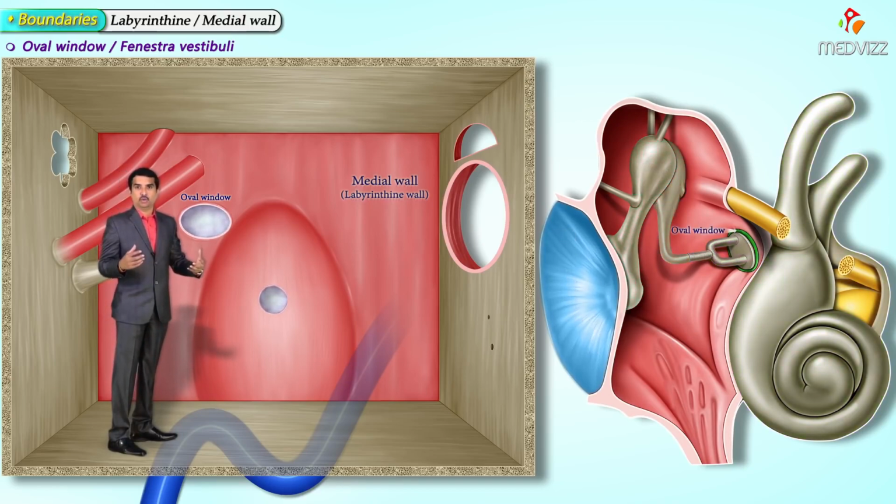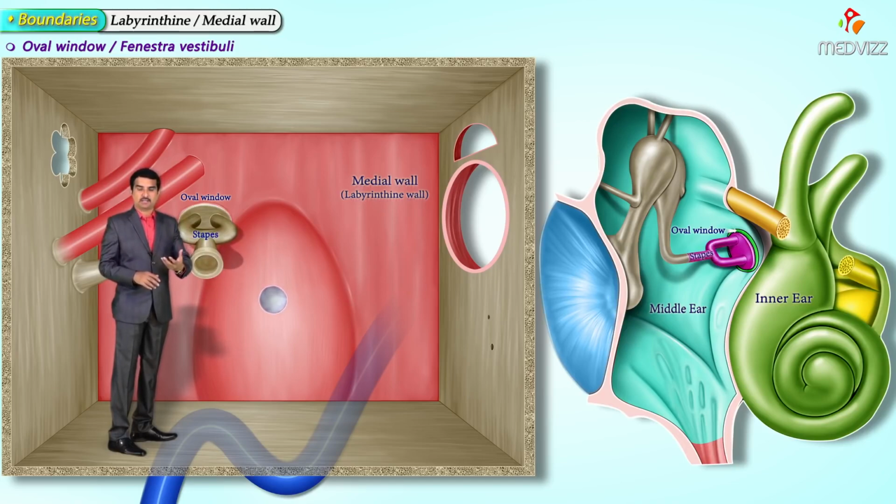The oval window is the intersection of the middle ear with the inner ear, and it is directly contacted by the stapes because it is covered by the footplate of the stapes. So this is what we need to know about the round window as well as the oval window.